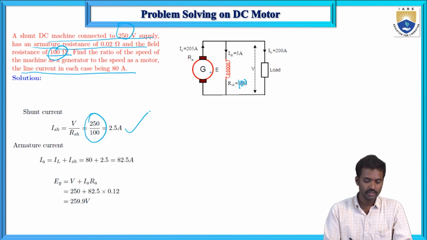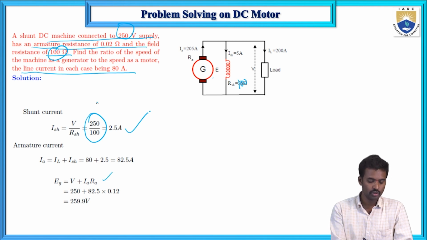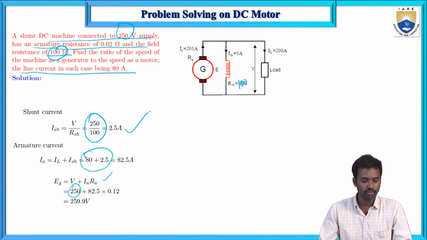Here ISH is 2.5, and next EG equals V plus IA RA, where V is 250, and IA equals 80 plus 2.5.